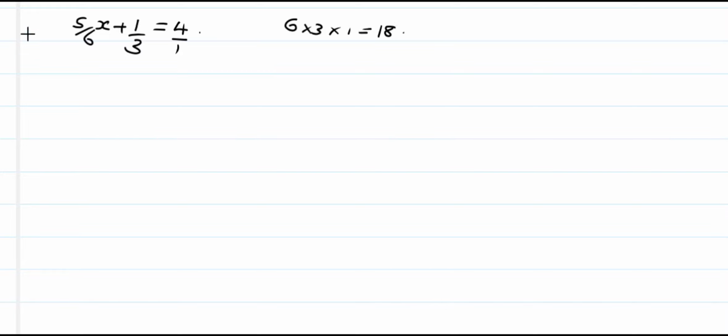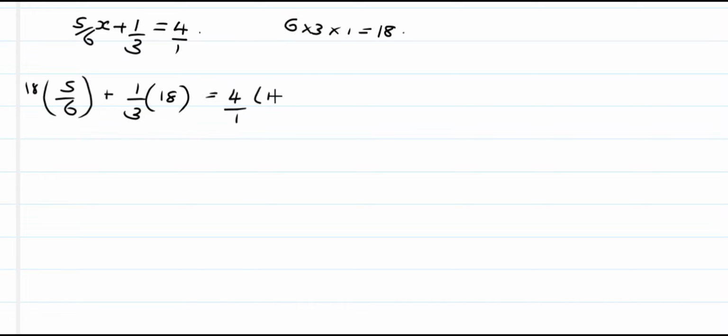Then I'll multiply each of these numbers with 18. So the first one will be 5 over 6, and now multiplied by 18, then plus 1 over 3, but now multiplied by 18, then is equals to 4 over 1, then multiplied by 18, like this.